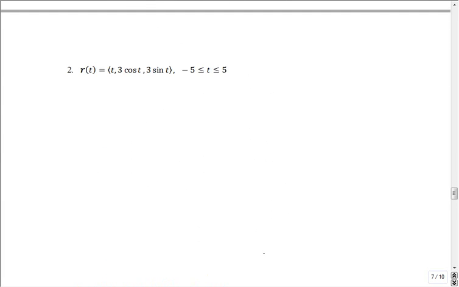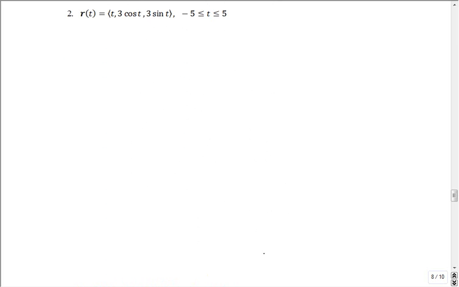You try that one on your own. We'll do it again together. Okay, let's do it. So x equals t, y is 3 cosine t, z is 3 sine t.